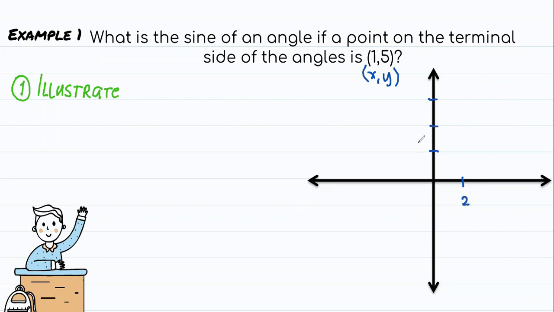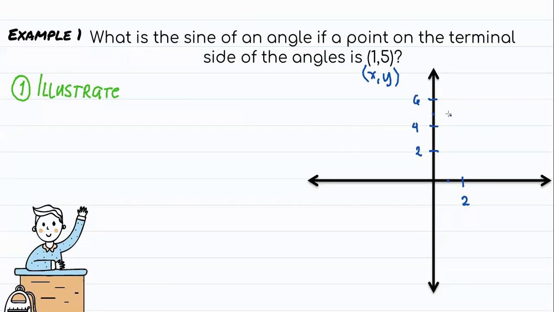So if this is 2, we have here 2, 4, 6. So if we plot there, 1 is here, and 5 is in between here. At the intersection, we will have our point here.